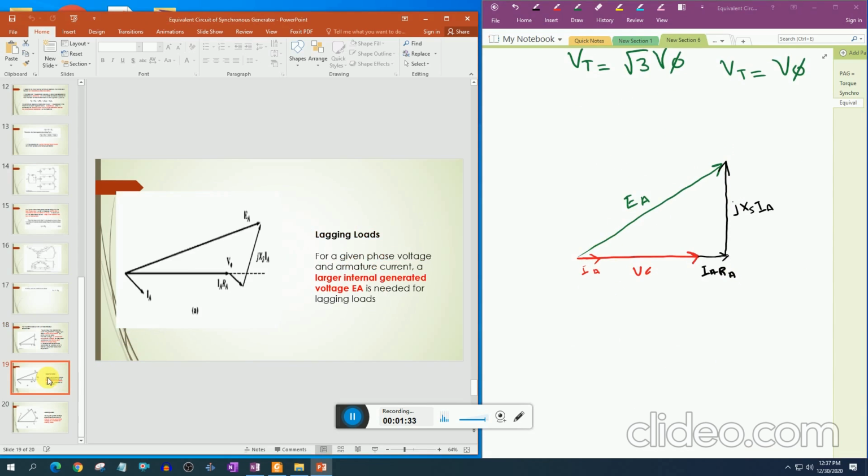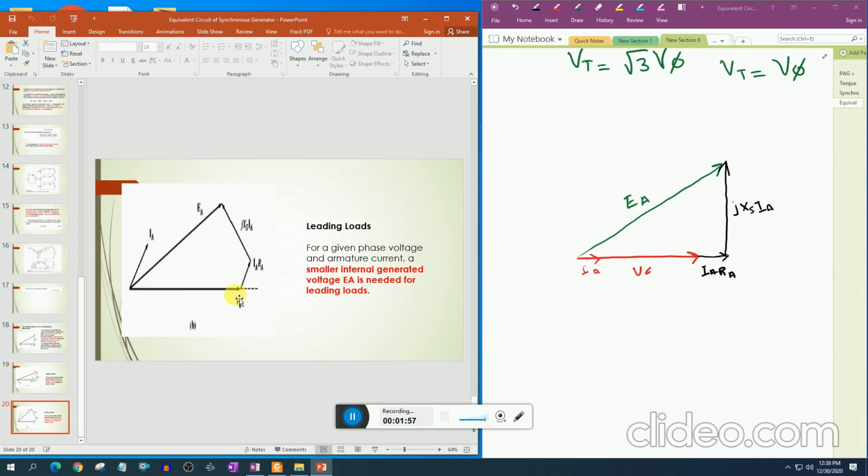In case of a lagging load, you can see in this figure Ia lags V phase. So draw the figure like that. It can be clearly shown from the figure that a larger internal generated voltage EA is needed for lagging loads. Similarly for leading loads, we did this in the transformer, so I am not going to explain it deeply.